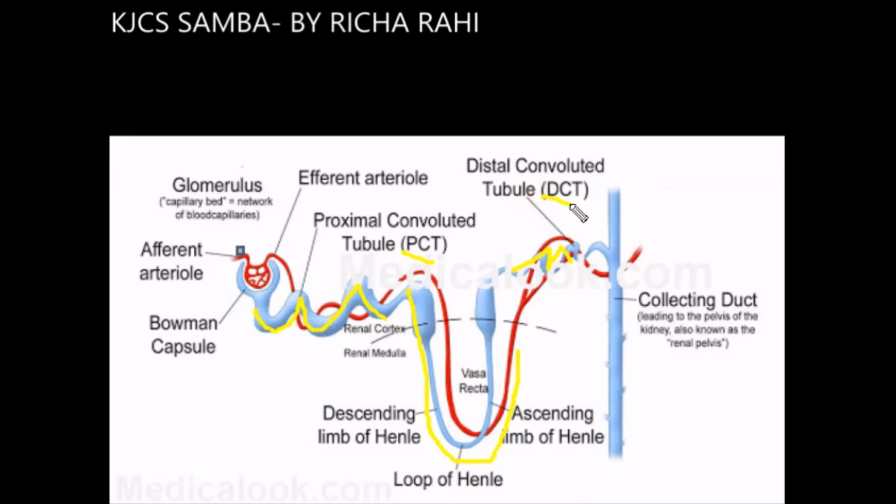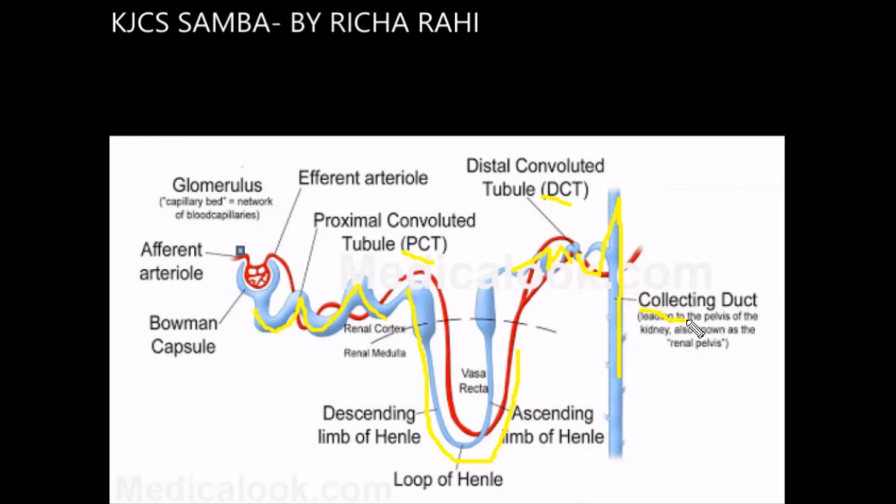Now what is done inside this DCT? The DCT is mainly dealing with the osmoregulation of salt. Osmoregulation of salt means how much of the salt is required by the body and how much salt will have to be expelled from the body. All this is done by the DCT.